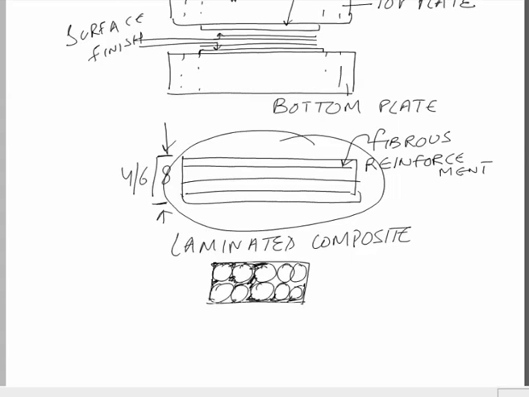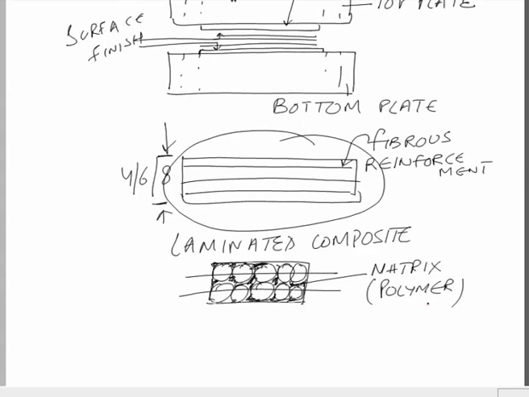So, how many layers are there in this composite? There are 2 layers. This is layer number 1, this is layer number 2. So, we have layer 1 of the fibers, layer 2 of the fibers, and in between is the matrix, which is a polymer, any type of polymer.